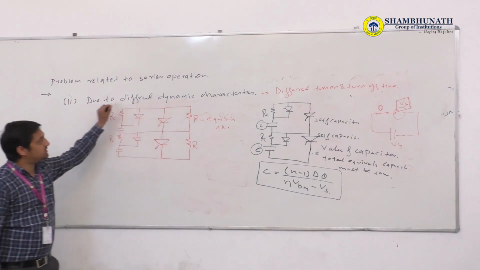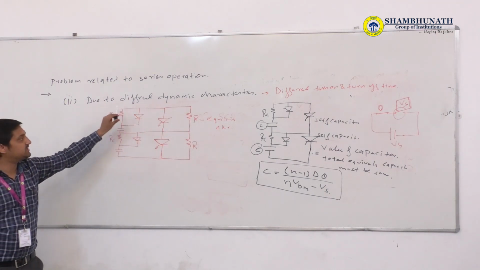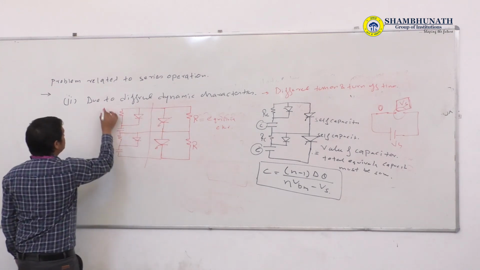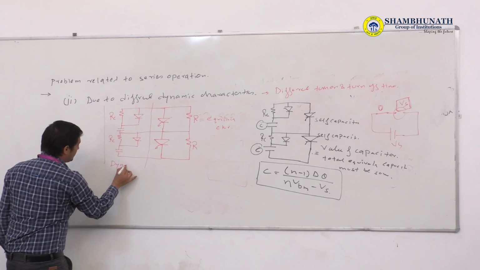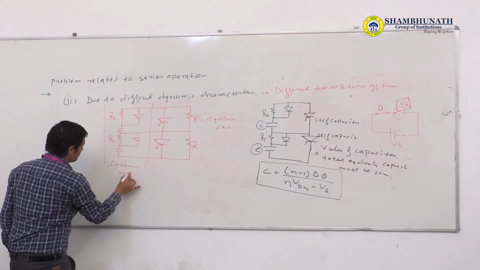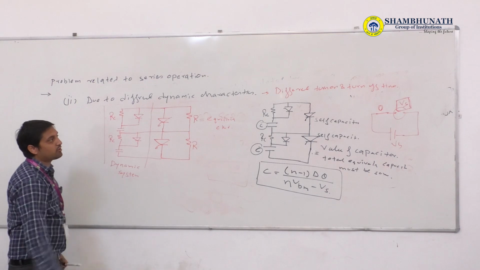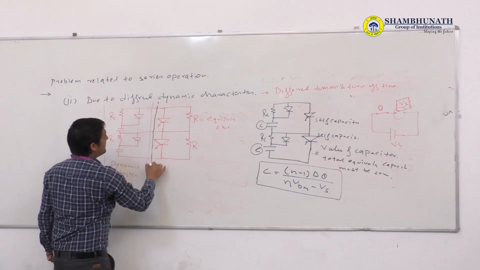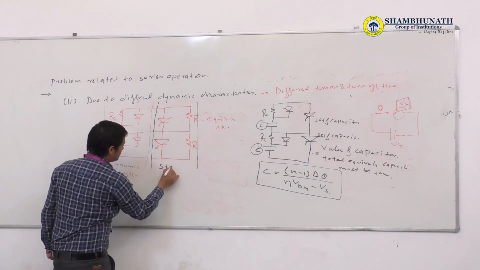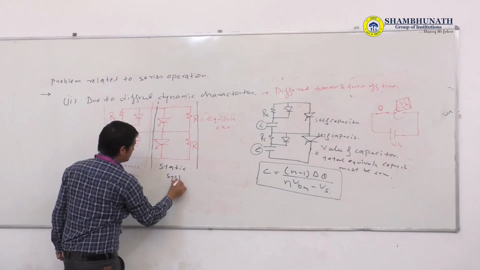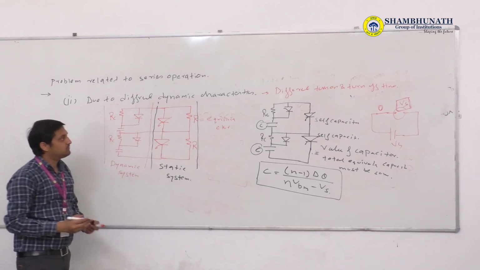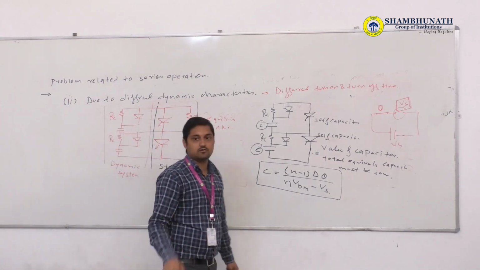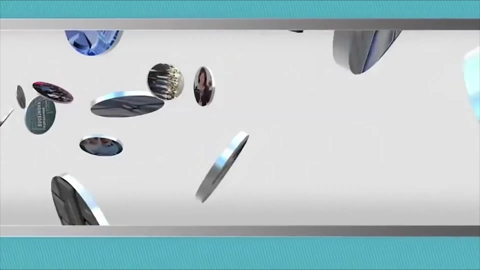This whole combination is used to minimize the unequal distribution of voltage. This part is known as the dynamic system because it deals with the turn on and turn off process, while this whole part is known as the static system. This is all about the problems related to series operation.